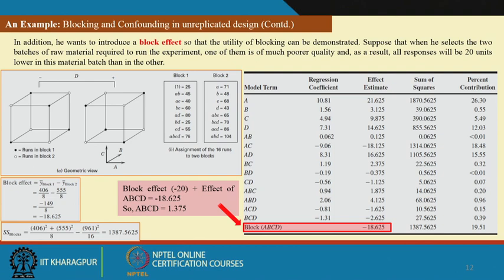So, then what you will do is follow the same way we have done earlier. You find out the relative contribution in terms of percent contribution, and then negligible contributors can be neglected.